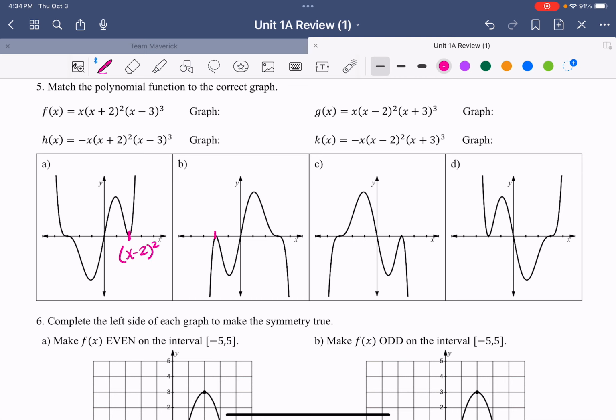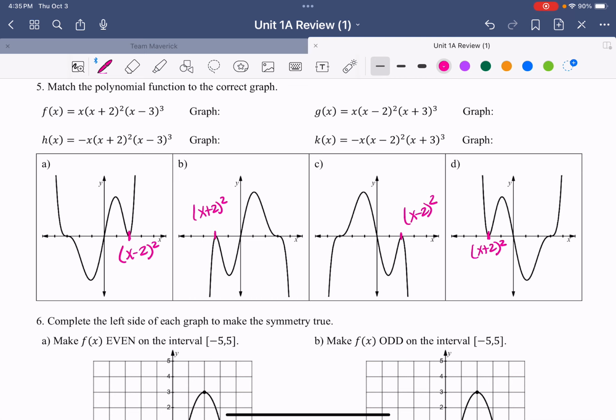This, since that's at -2, this would be x plus 2 squared. This would be x minus 2 squared, and this would be x plus 2 squared. Okay, so that narrows it down, but then I have to decide also on my leading coefficient.